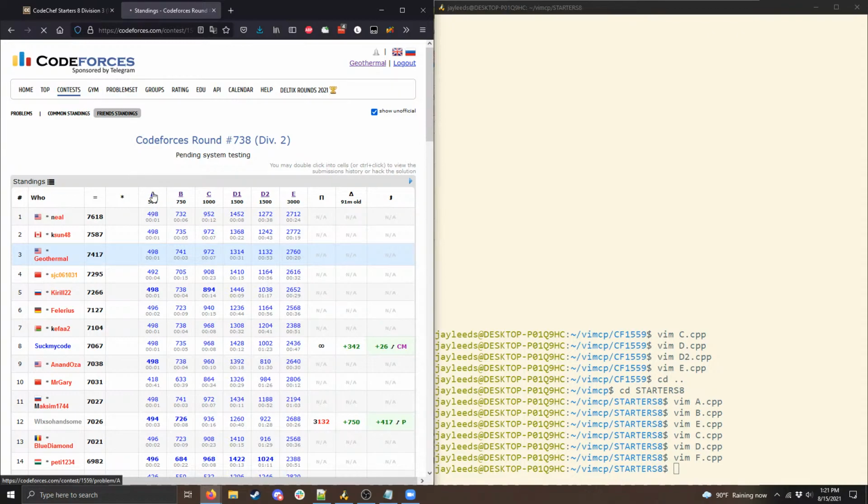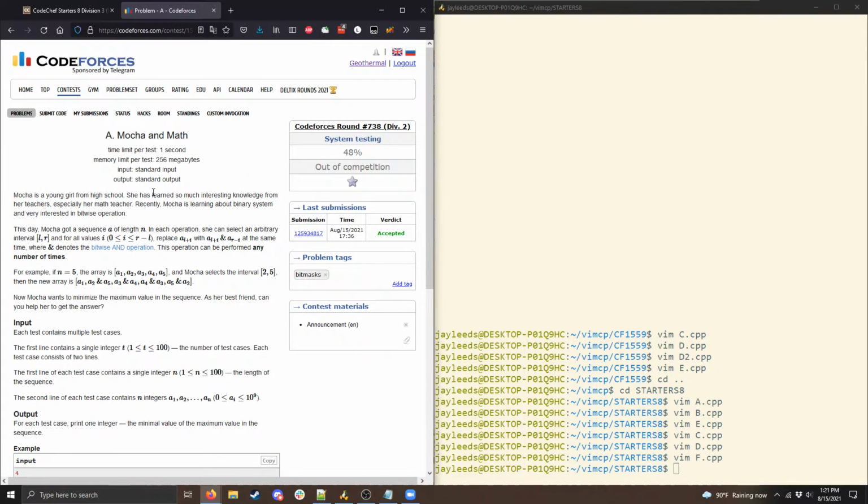For example, if you look at problem A and you aren't able to solve it, then maybe your thought process is, okay, the reason I didn't solve this is that I wasn't able to guess that the answer was going to be the bitwise AND of all the elements.